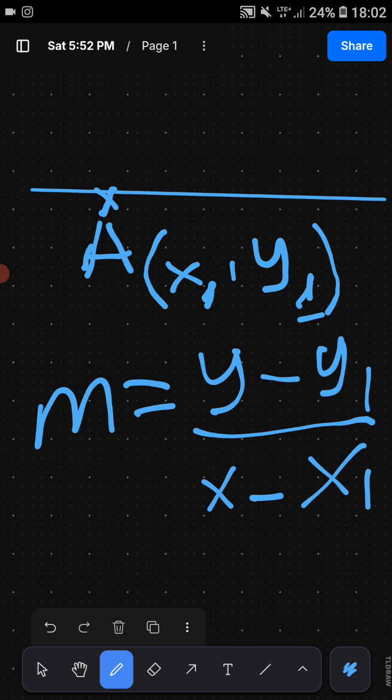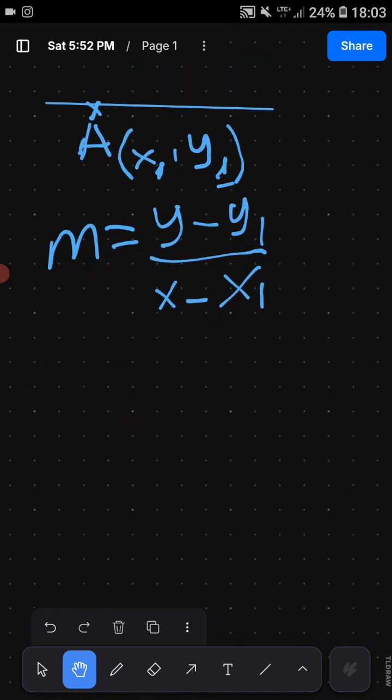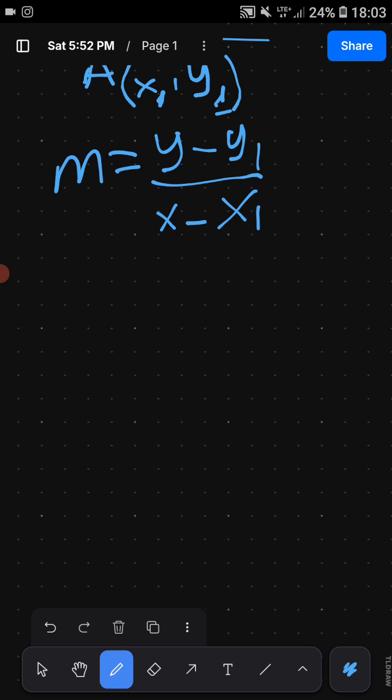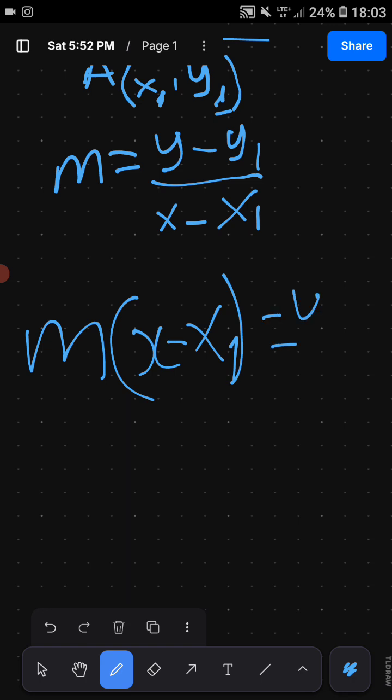If we multiply both sides of the formula by the denominator x minus x1, we have m into x minus x1 equal to y minus y1, and this is the equation of a straight line using an arbitrary point on a line when the slope is given. Now let's get into an example.